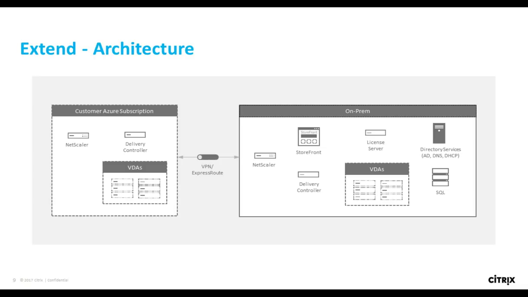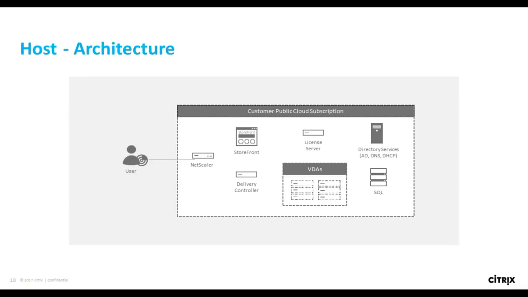So connecting through that VPN or ExpressRoute, you'd most likely have a pair of delivery controllers within that subscription with the VDAs registering and being brokered from that subscription, as well as users with something like optimal gateway routing, for instance, where if users hit that zone, you want them to preferentially connect to the NetScaler that's within that subscription versus the NetScaler that's on-premise is one example.